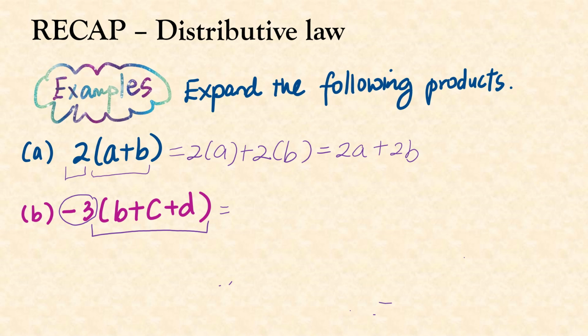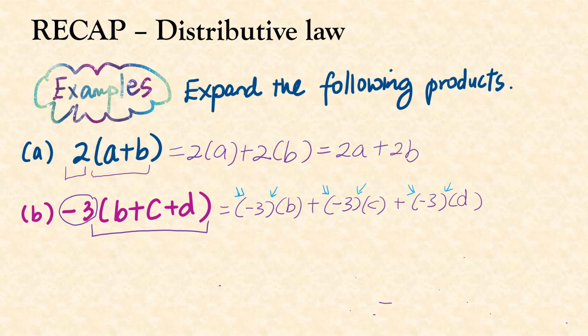Let's bracket it, so that will be bracket negative 3, and we distribute it to the letter B, followed by bracket negative 3 again, distributed to the letter C, followed by bracket negative 3, distributed to the letter D. You have to be careful: if it's a negative number, then we have to introduce the brackets.